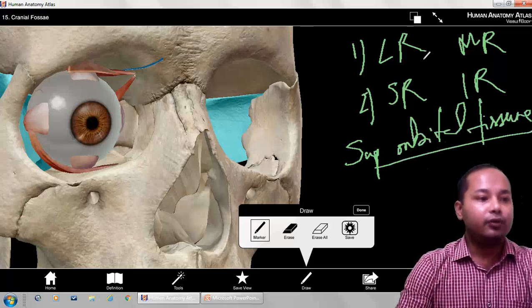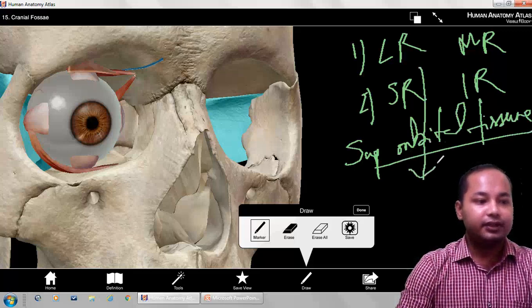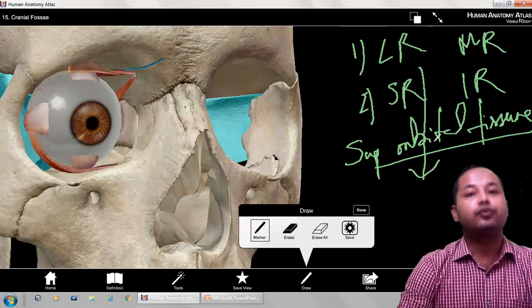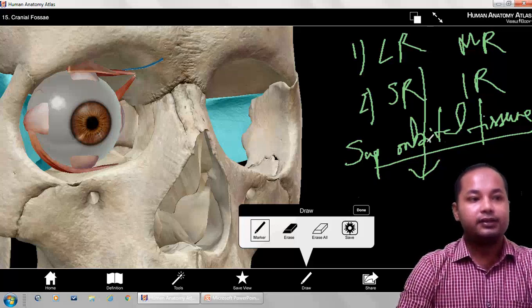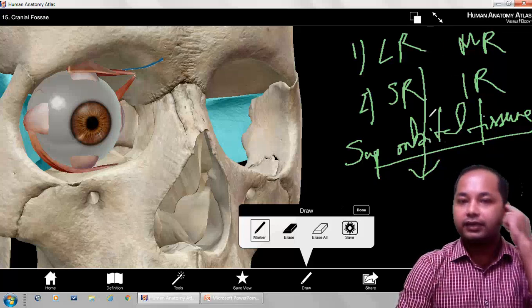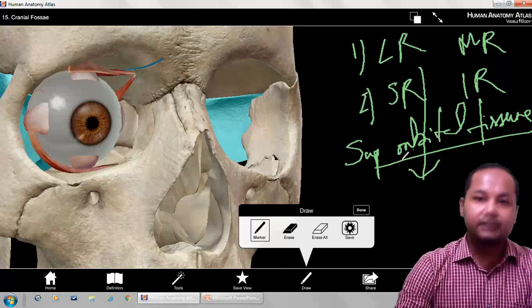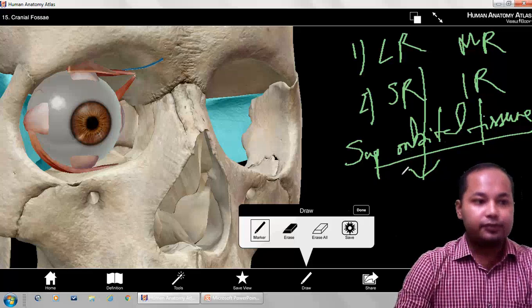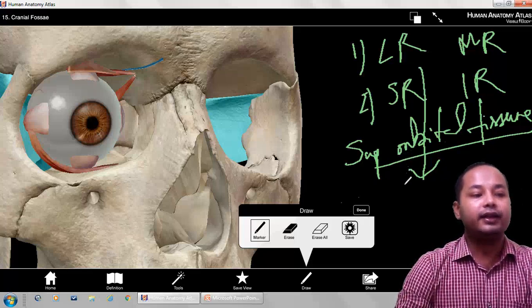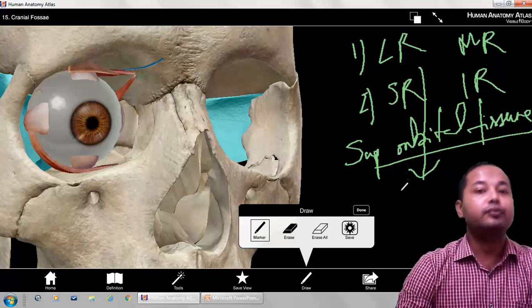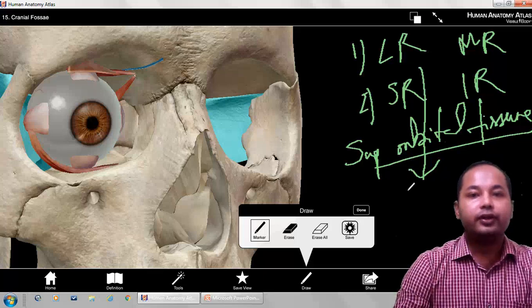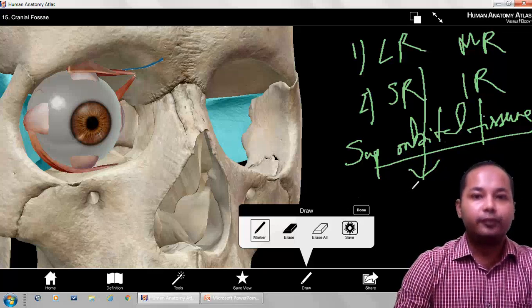So the superior orbital fissure is a gap between the greater wing and the lesser wing of the sphenoid, and all these muscles, plus one more, the levator palpebrae superioris. These are four plus two more, as you already know: the superior oblique and inferior oblique, six muscles, and the levator palpebrae superioris. Together they make up the origin from the posterior most part of the orbit, almost from the apex.